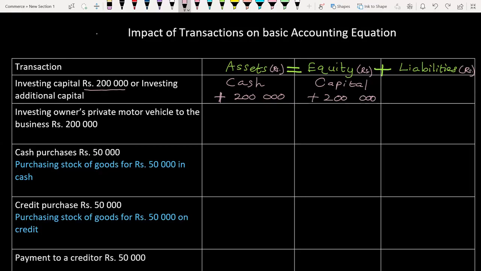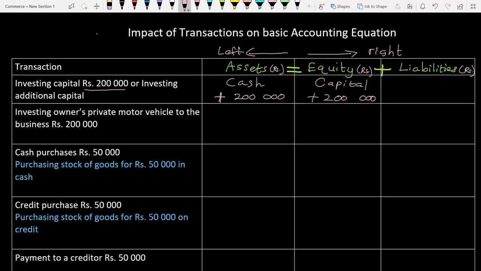Now check here. When we write the impact on the basic accounting equation, we can check whether our accounting equation balances or not. Does it balance? Yes. From this equal mark, this side is the left side and this side is the right side. So check the figures. On the left side, we got 200,000.